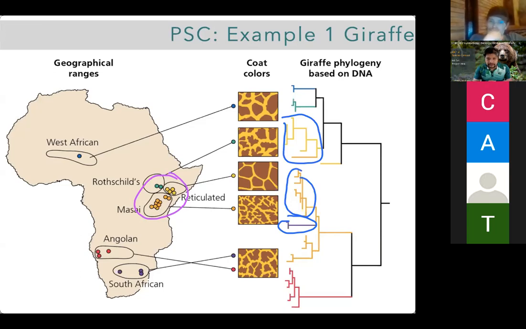It used to be a fewer number of species, but now they found subpopulations that are genetically distinct and also match the coat color that people previously ignored. So that's what we found in giraffes.